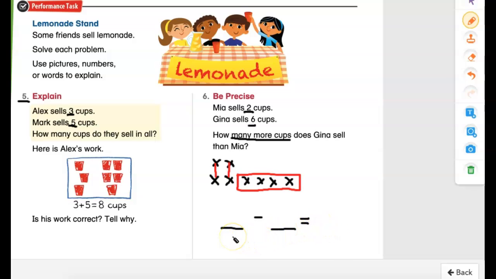So for our blanks, we need to write the total number of cups that Gina sold minus how many cups Mia sold and how many more cups Gina sold than Mia. So just like how we wrote it up here for our visual representation, now we need to write it. And after you finish that, you are all done with your math assignment for the day.